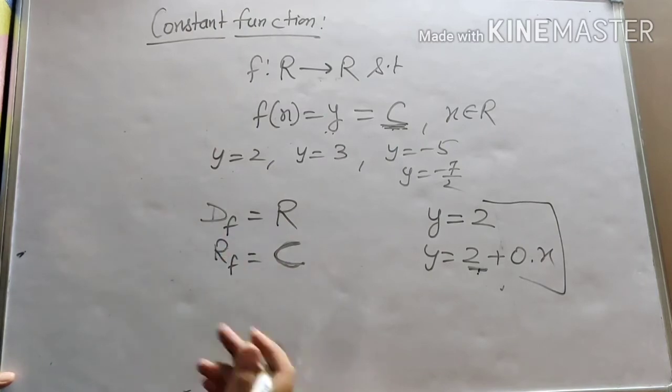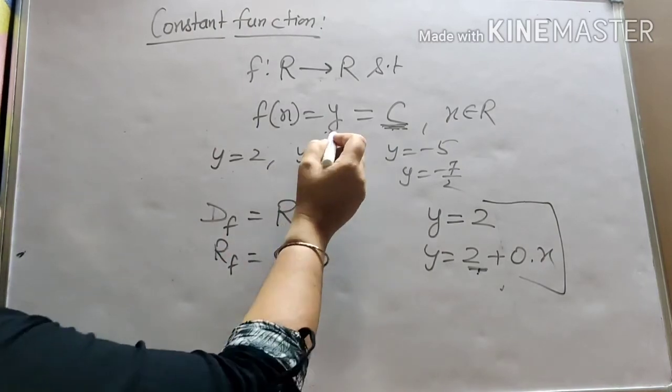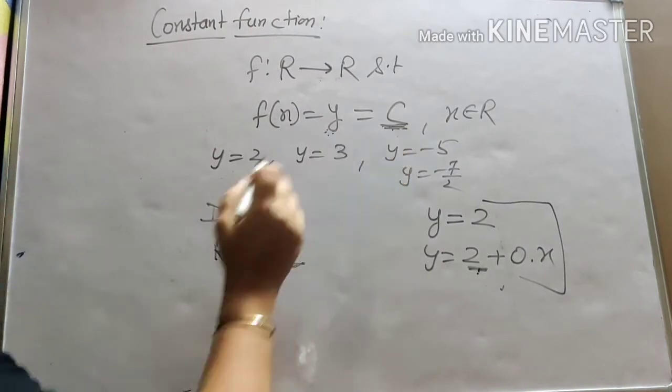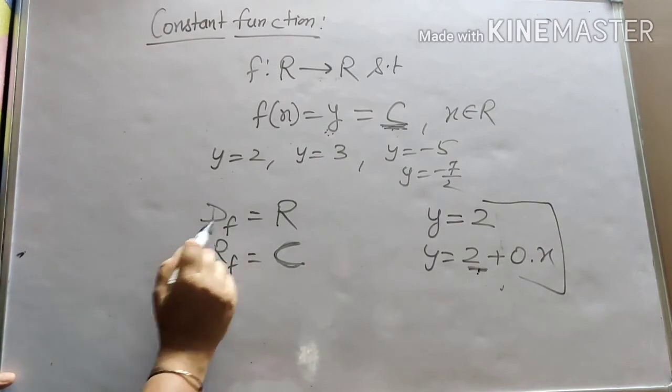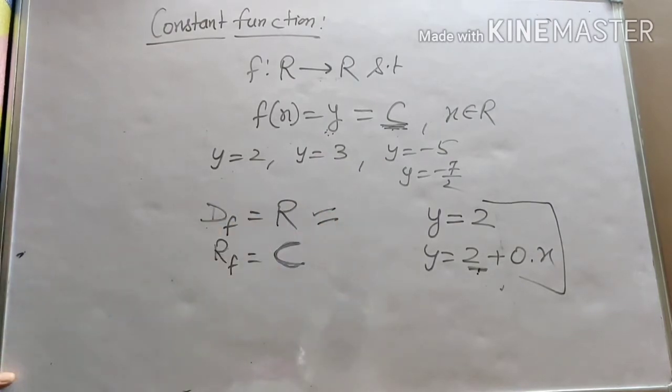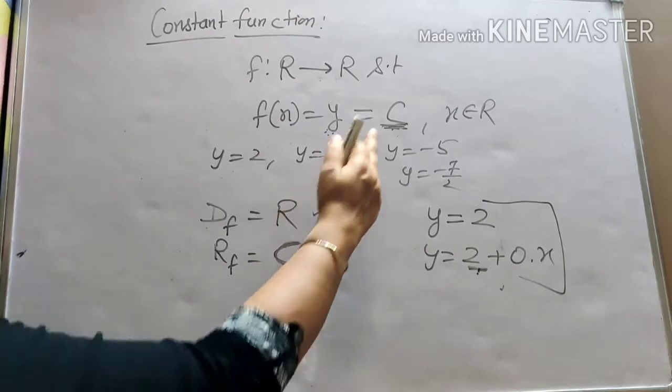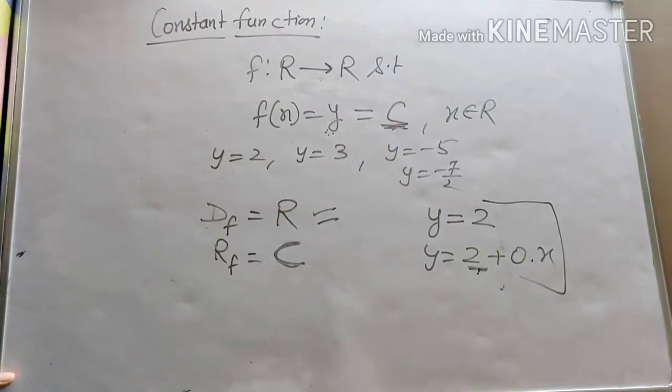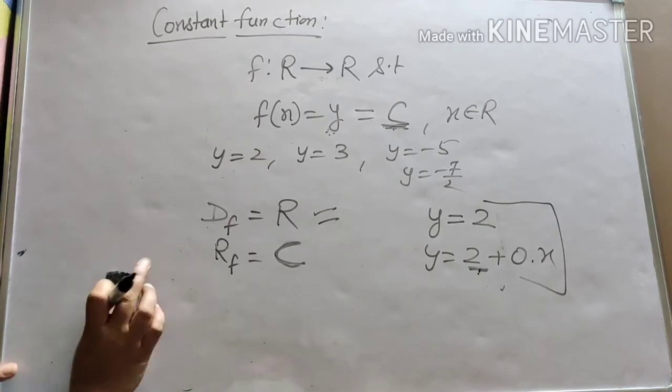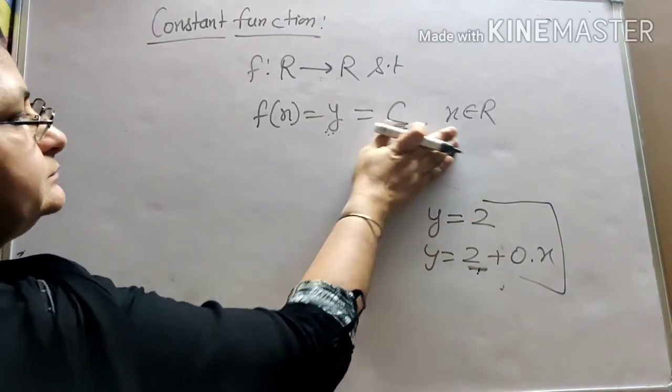It can be 2, 3 according to the question. So in general, if we have a constant function, then the domain is always all real numbers and the range of the function is that constant term. Now, how will we draw the graph of this constant function?